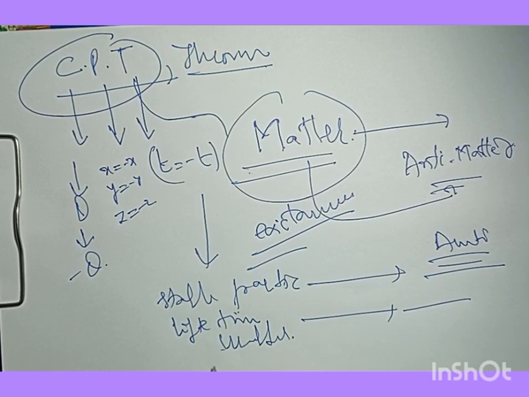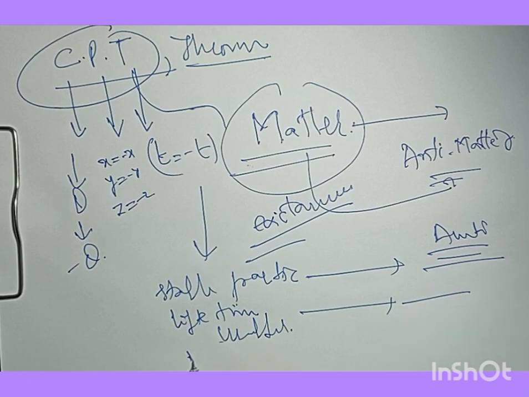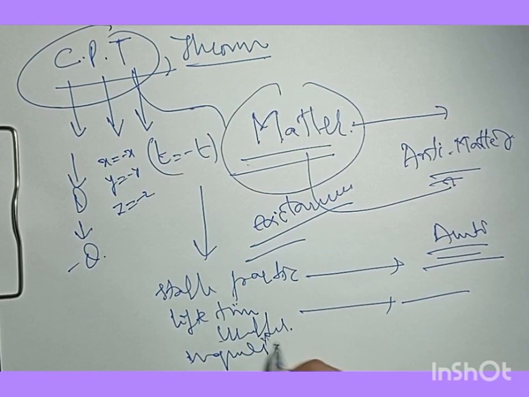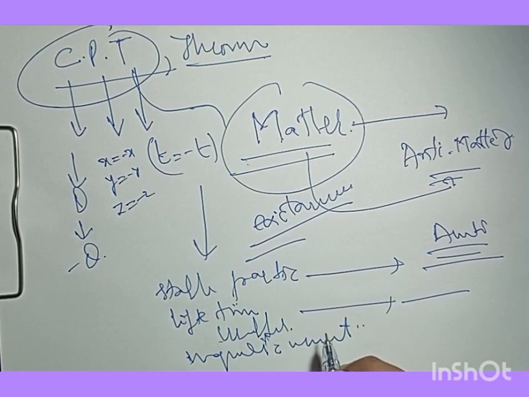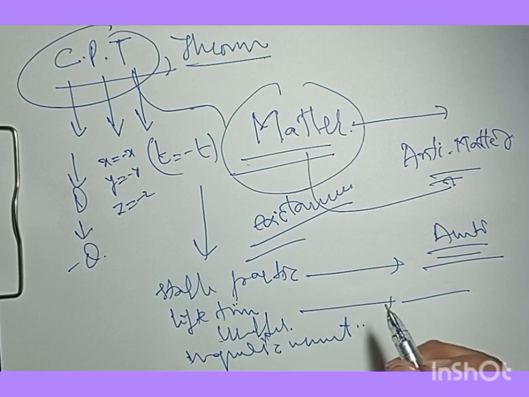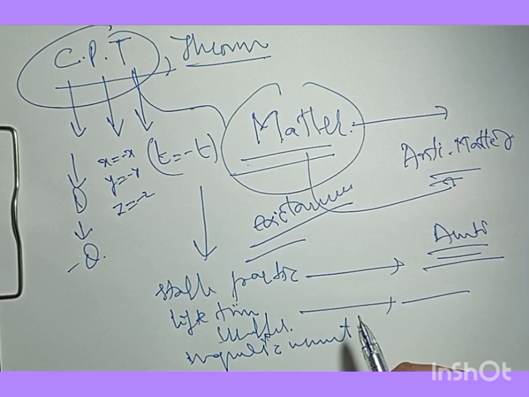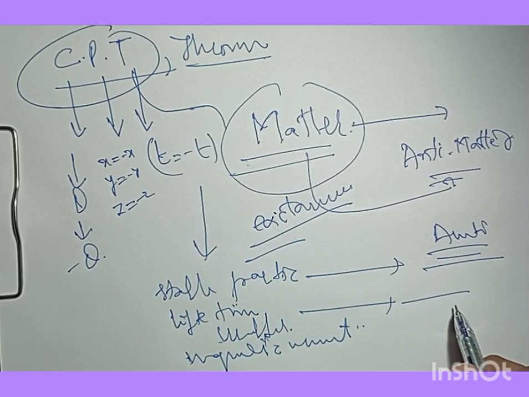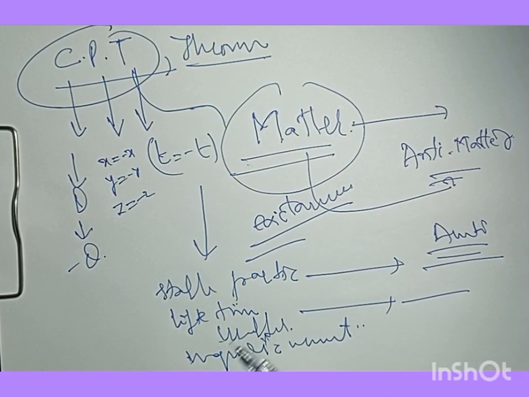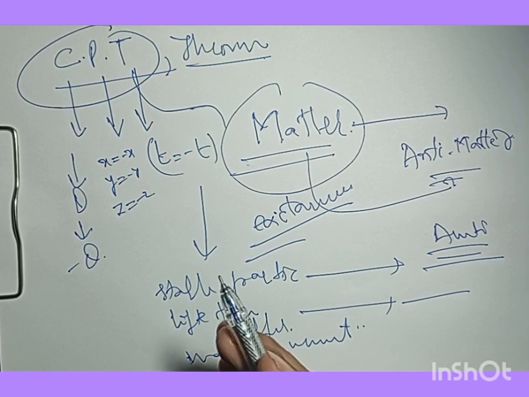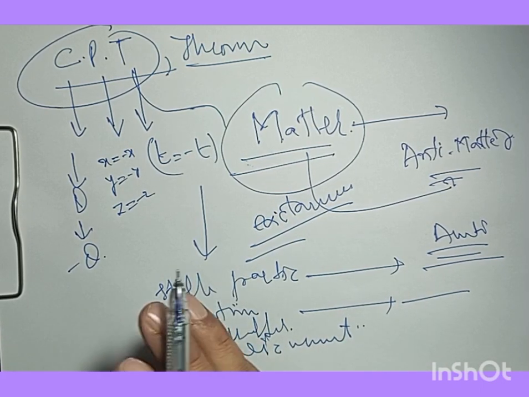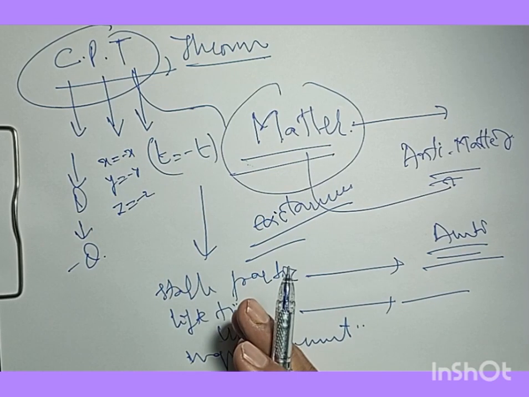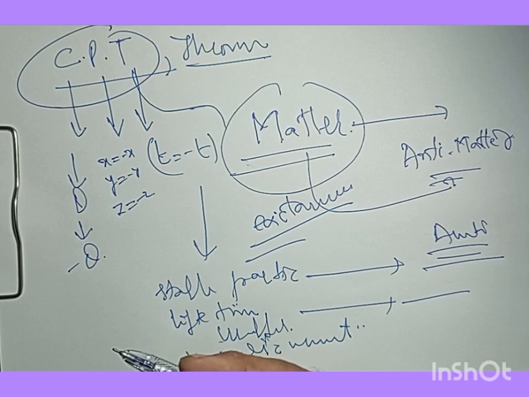And talking about magnetic moment, the magnetic moment of a particle is equal and opposite to the magnetic moment of its antiparticle, right? And there are correlations, the relations that exist between the spin of the particles and the statistics involved with these particles.